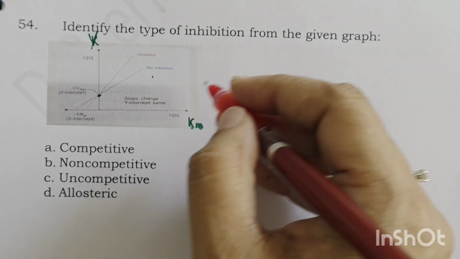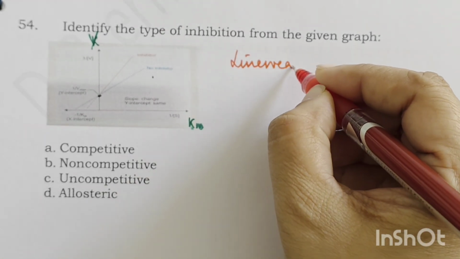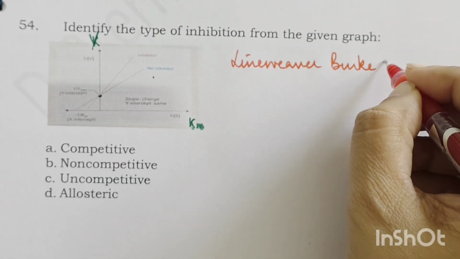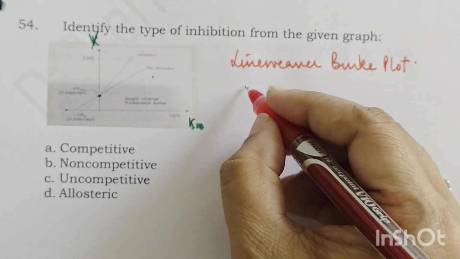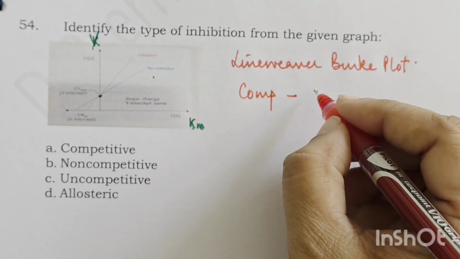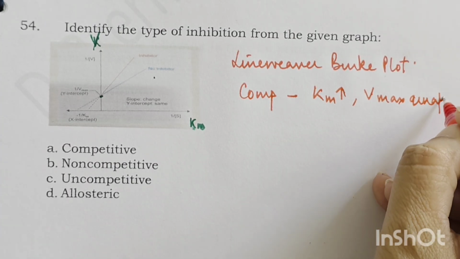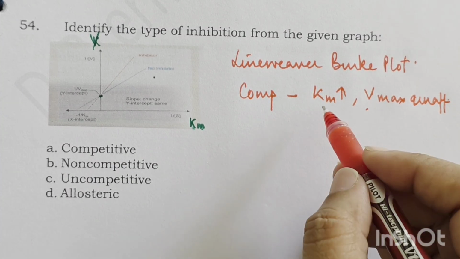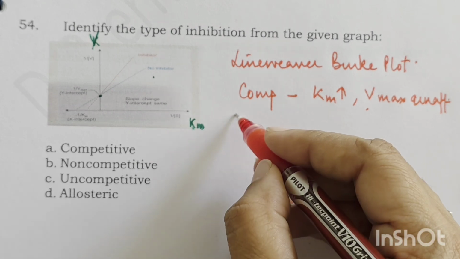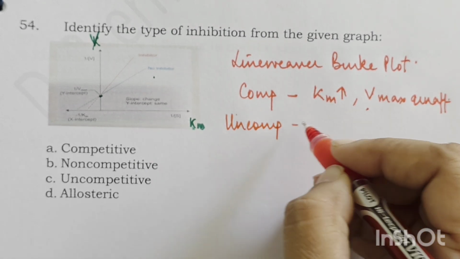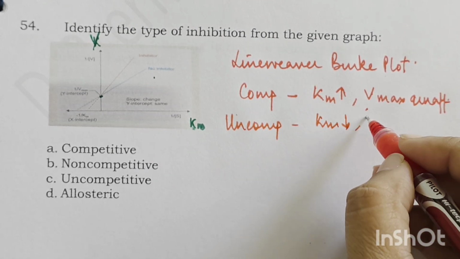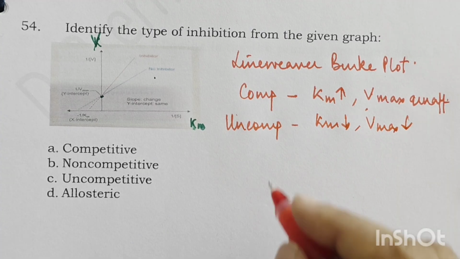Before that, let's see what the various types of inhibition are. This is known as the Lineweaver-Burk plot for enzyme inhibition. So what happens in competitive inhibition? Km is increased and Vmax is unaffected. That means to achieve the same Vmax we need to increase the substrate concentration. Then in uncompetitive inhibition, Km is reduced and Vmax is also reduced, right?